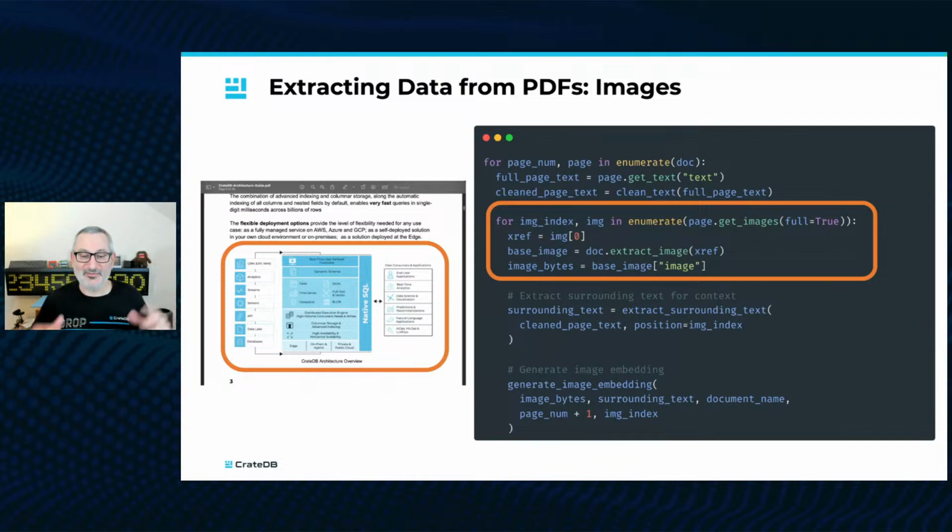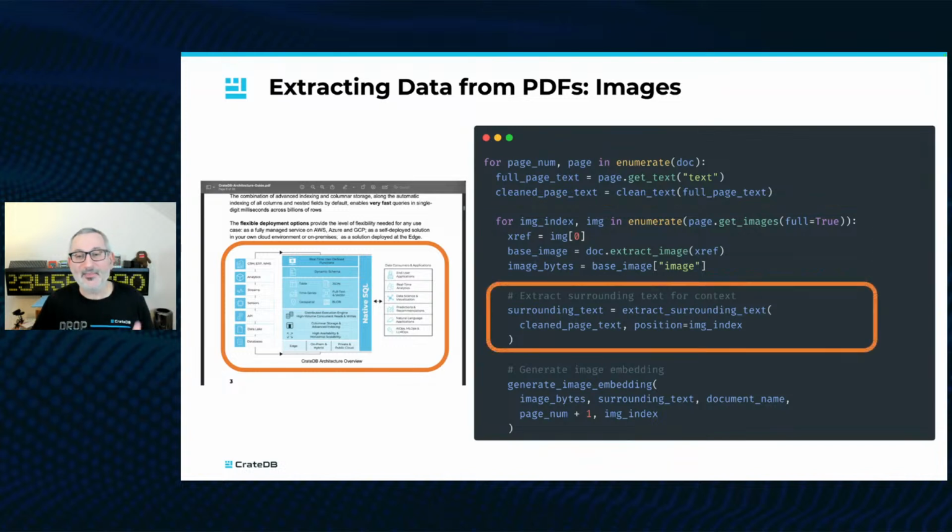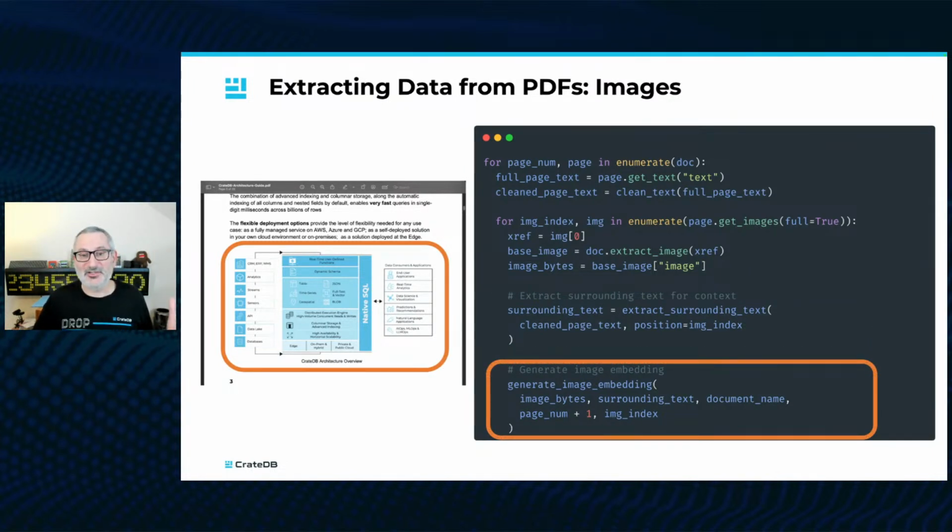We can get the bytes of the image, so binary representation of it. Then what we're going to do is also grab the text that is near the image to give the AI some extra context about how the image was located in the page, what it was near, what it was next to. And then we're going to generate an image embedding.